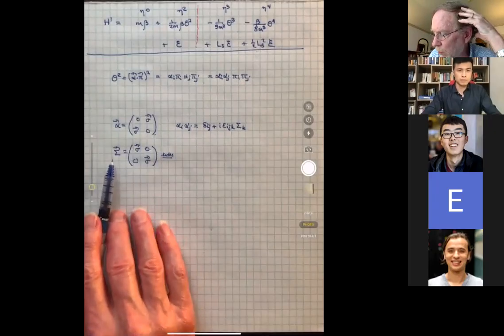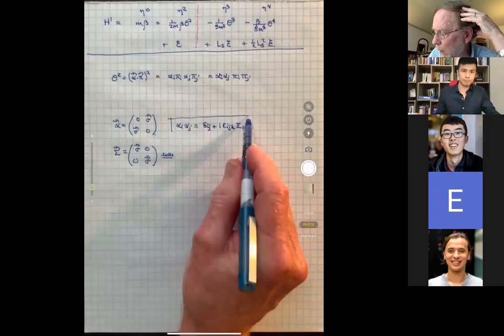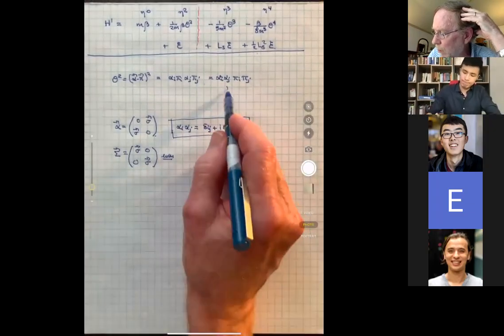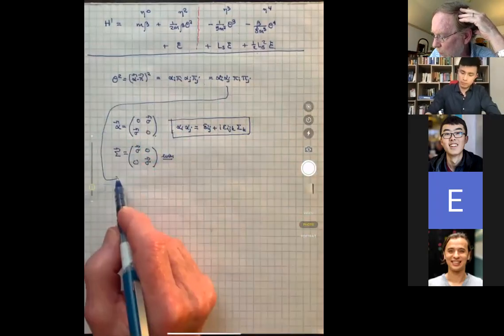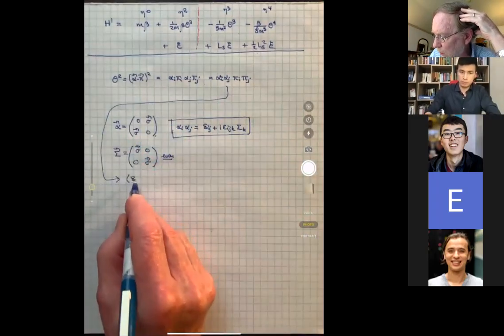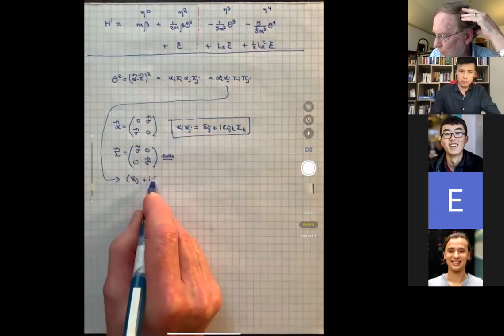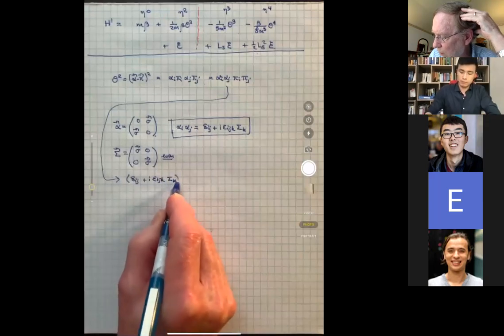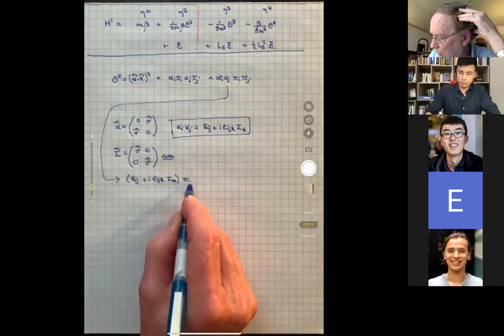In any case, that was the original place where the sigma occurred. But this is a useful identity in this Foldy-Wouthuysen work. And in particular, it means that this product up here, we can rewrite as delta ij plus i epsilon ijk sigma sub k times pi i pi j, like so.